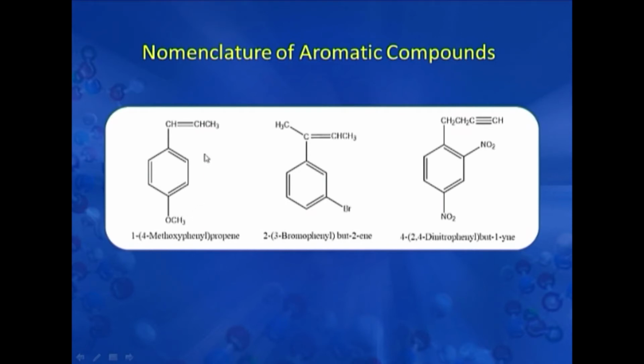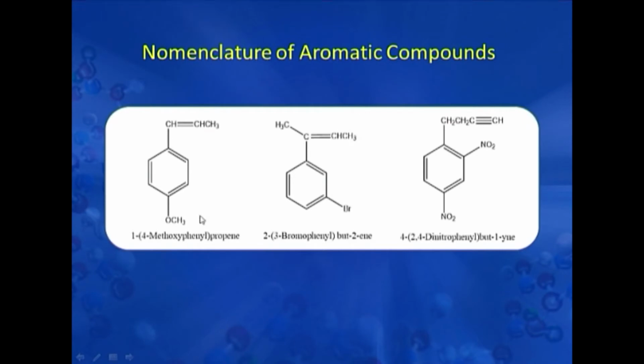Hence now we will write the name of the phenyl nucleus in brackets, and the parent chain will be our 3 carbon alkene chain. So here we will see the IUPAC numbering. Number 1 will be here, so this phenyl is attached at number 1.